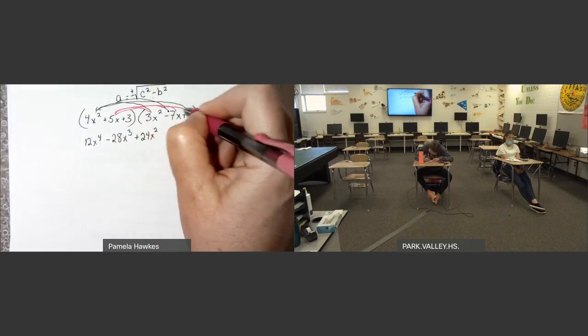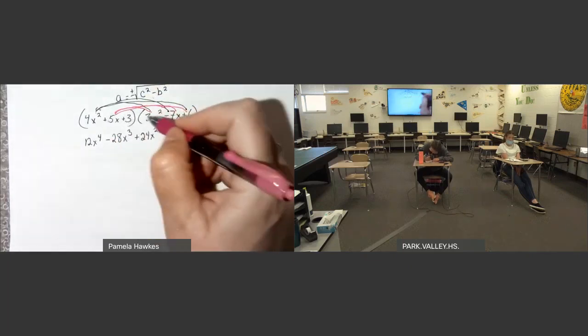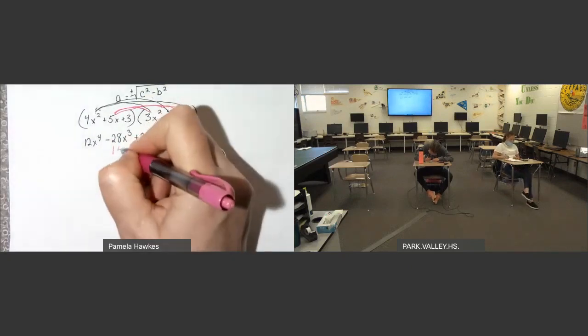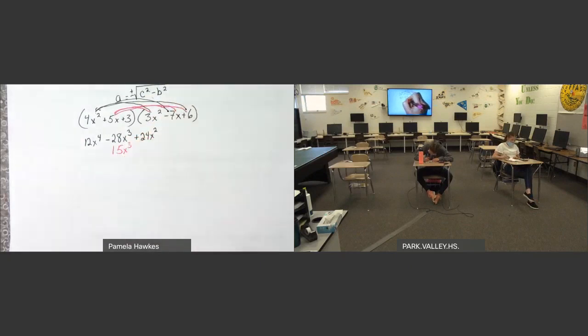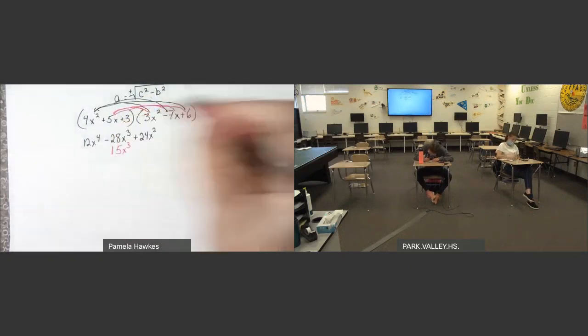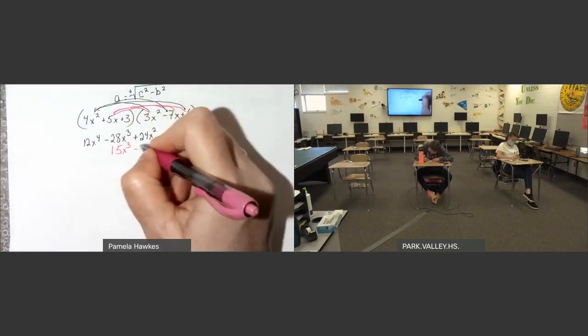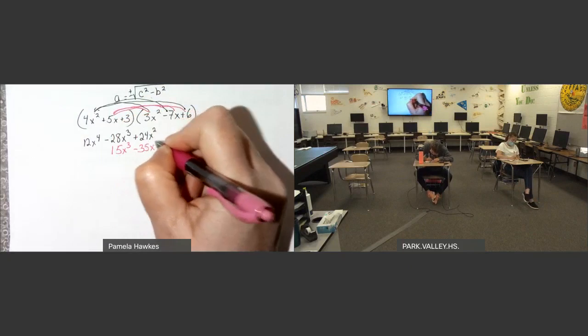Oops, that's got to go clear over there. 5x times 3x squared is 15x to the third. Where should I put it? Tell me why I put it there. Because I'm going to add them. Good. 5x times negative 7x is negative 35x to the second.